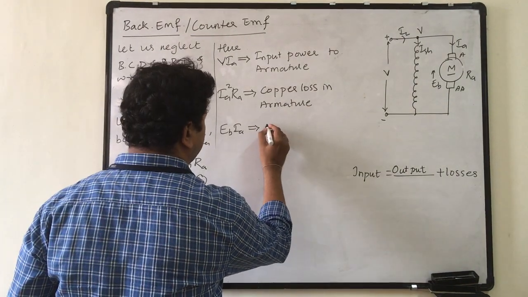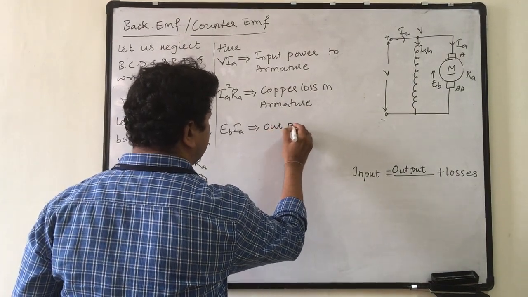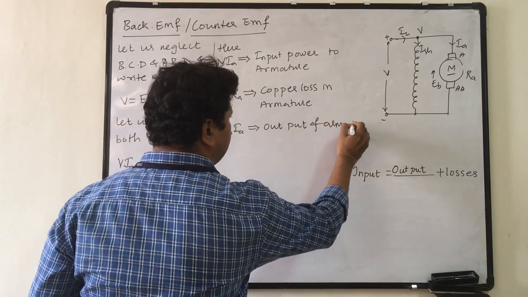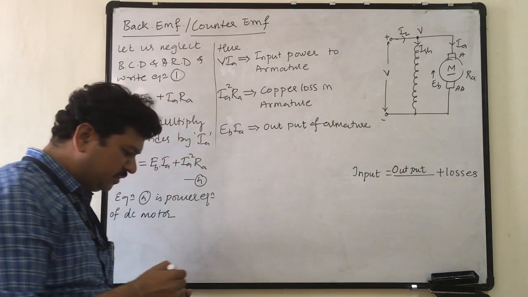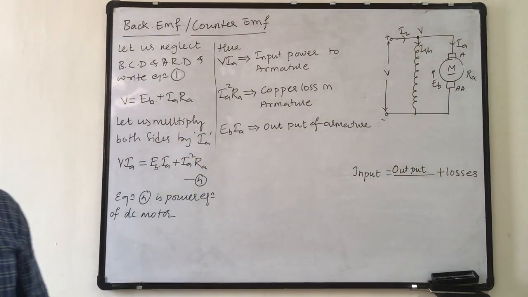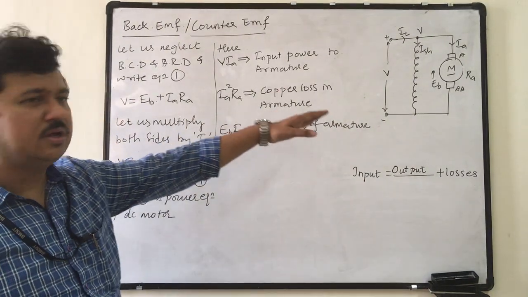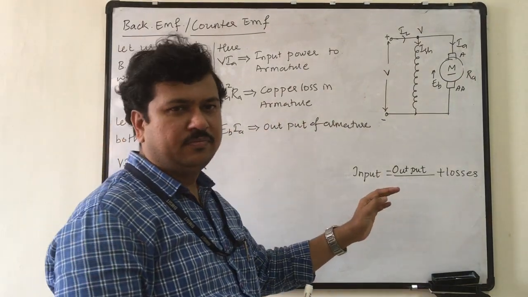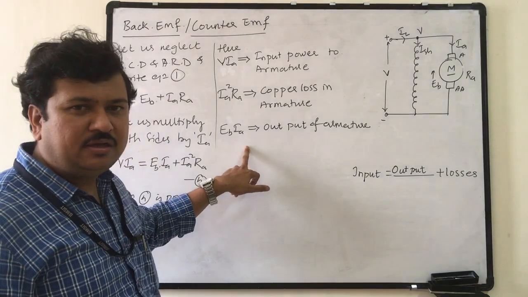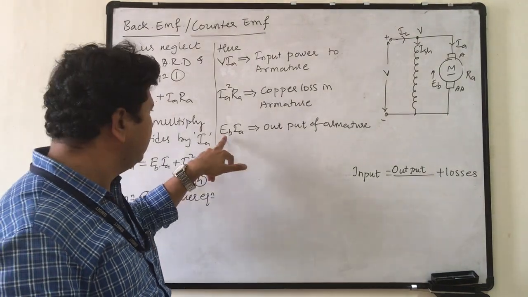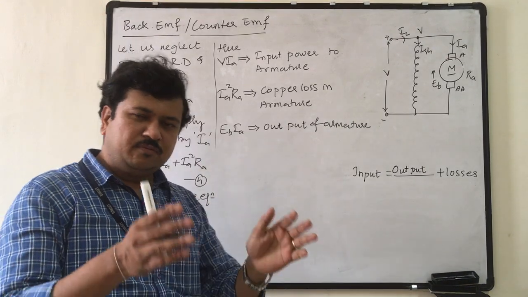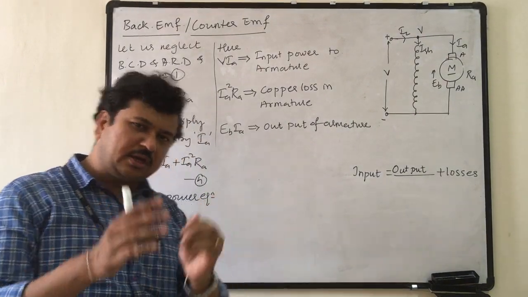Output of armature. But one thing we should remember: output of armature should be mechanical, because a motor takes electrical input and gives out mechanical output. But EB into Ia is an electrical power. EB is an electrical quantity, Ia is an electrical quantity. The product of two electrical quantities will yield an electrical quantity.